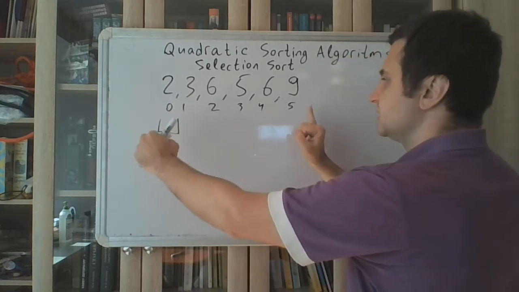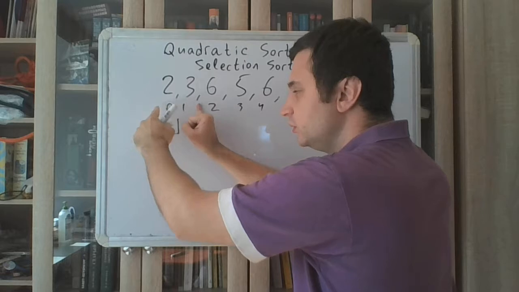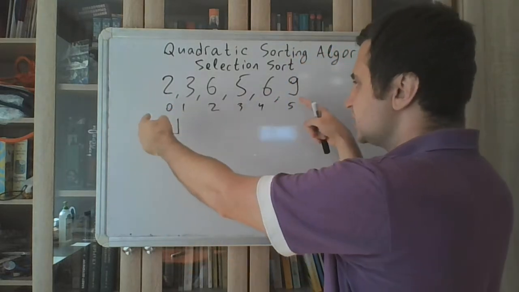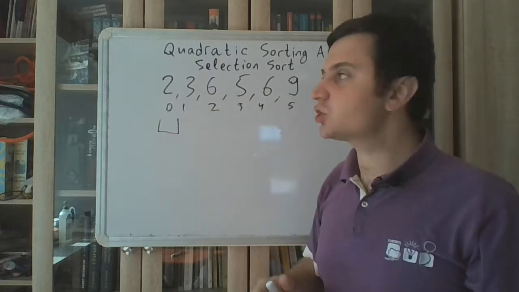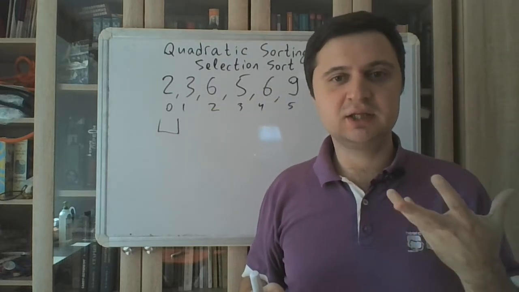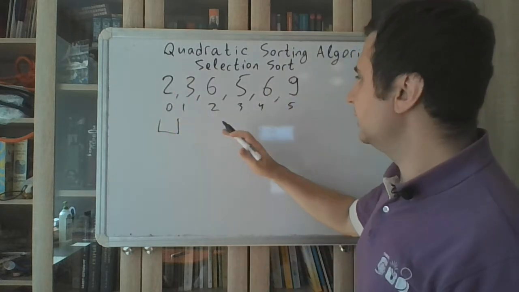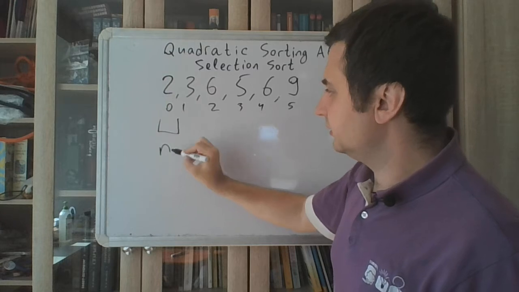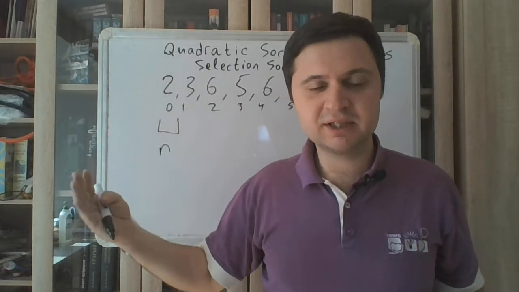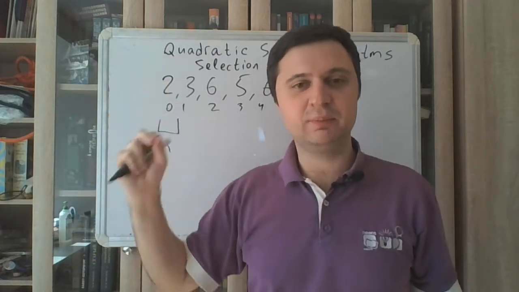So for prefixes of length n, n minus 1 and so on, and length 2 and probably length 1, you do the maximum search and the swap. This is called selection sort, and let's understand the working time of this algorithm. The first for loop is a linear search over the array for finding the maximum element, or better to say the index of the maximum element, not the value but the index.